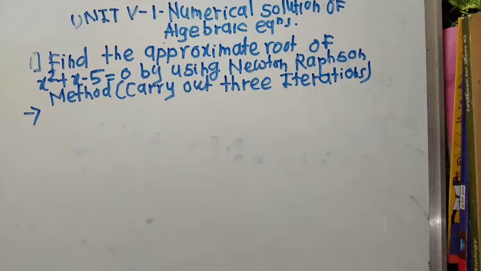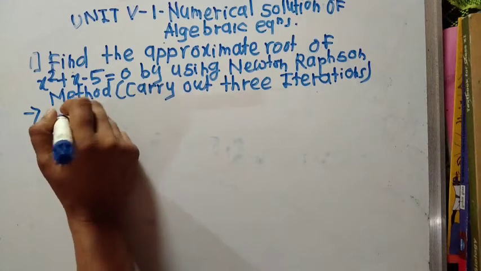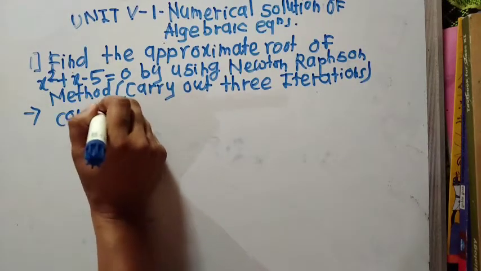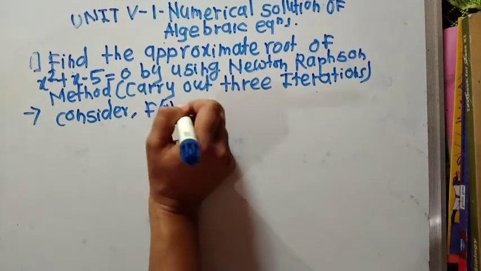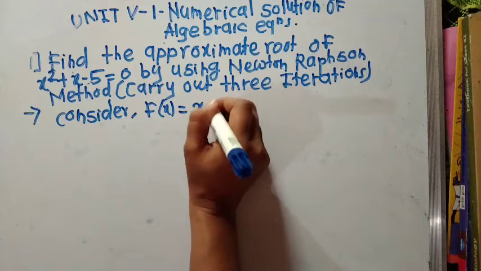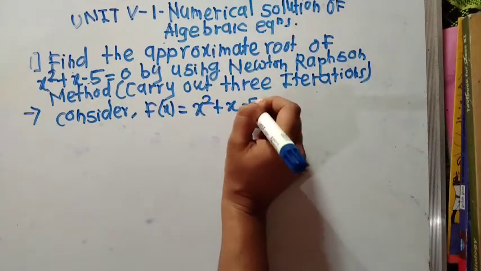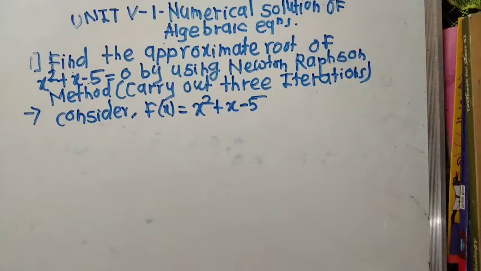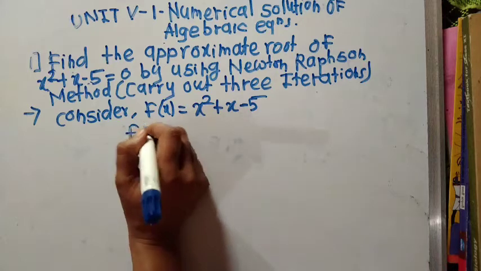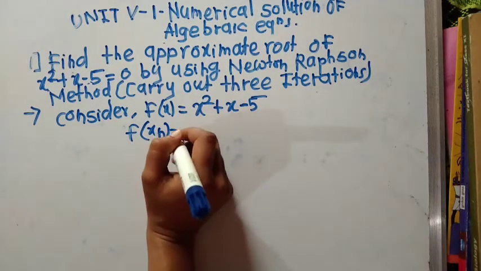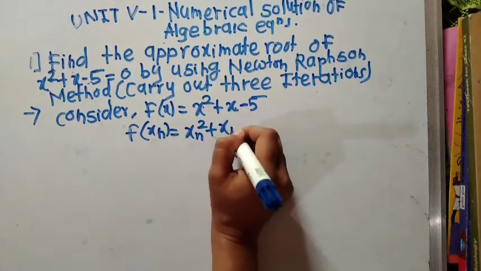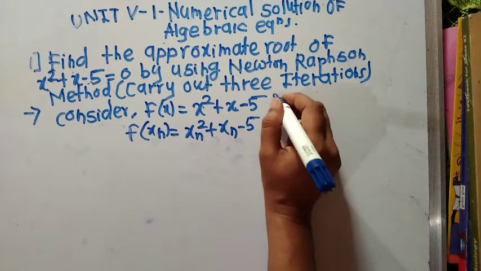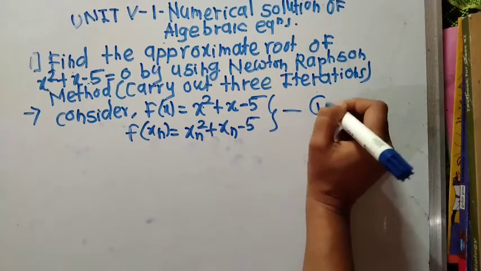Then first solution: consider f of x is equal to x cube minus x square plus x minus 5. It means f of xn is equal to xn cube minus xn square plus xn minus 5, and it is the first equation.